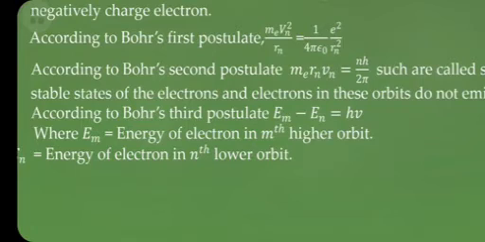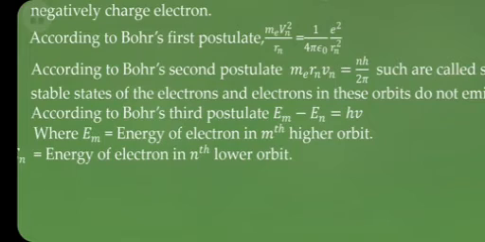According to the second postulate, angular momentum is an integral multiple of h upon 2 pi. So angular momentum is equal to I omega. If you substitute the values of I and omega, you will get angular momentum as mrv.